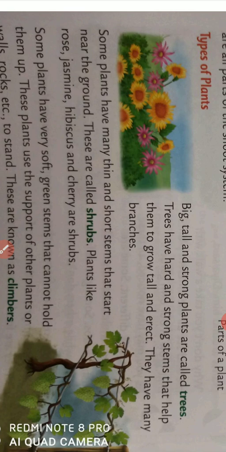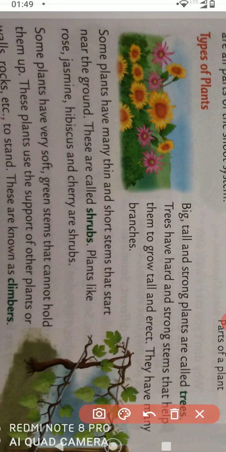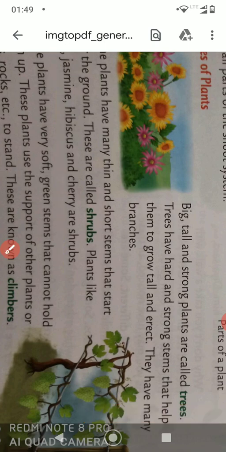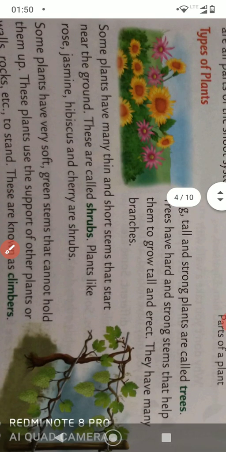Here they are brownish in color, and they are not very thick, they are a little thinner. Okay, and they are called shrubs. So what are the examples of the shrubs? They are rose, jasmine, hibiscus, cherries. Cherries are shrubs.